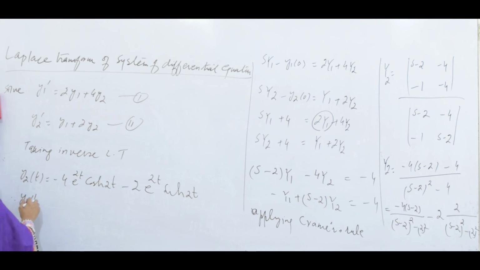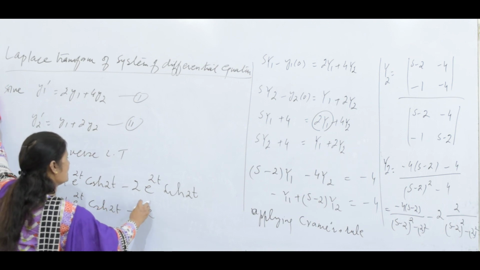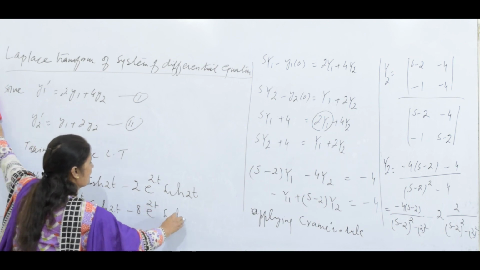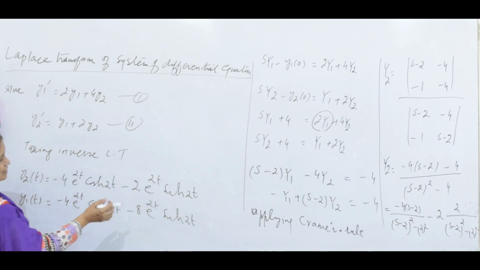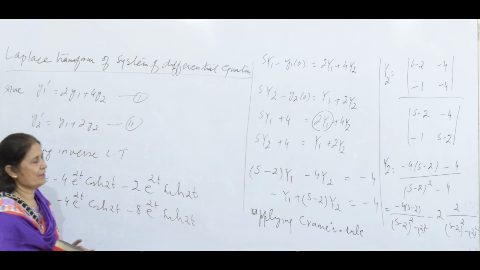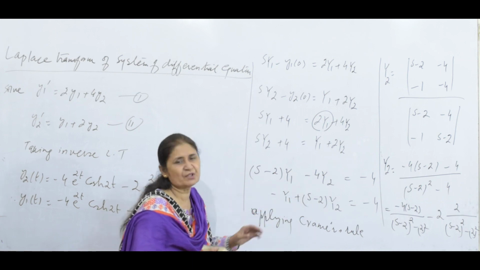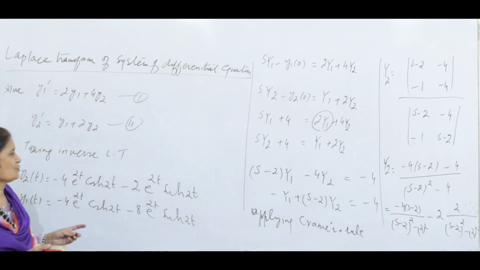We have calculated y1, which is -4 e^2t cos hyperbolic 2t minus 8 e^2t sine hyperbolic 2t. So this is the solution for y1, y2 for the initial value problem of a system. If you are solving the system, you can apply Cramer's rule, which is really feasible. Eliminating variables is a little bit difficult, so Cramer's rule is wonderful in this case.